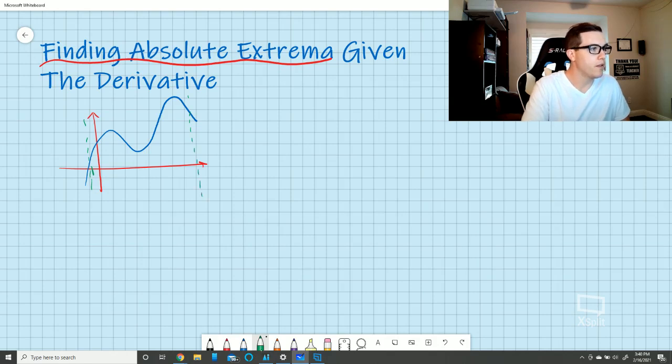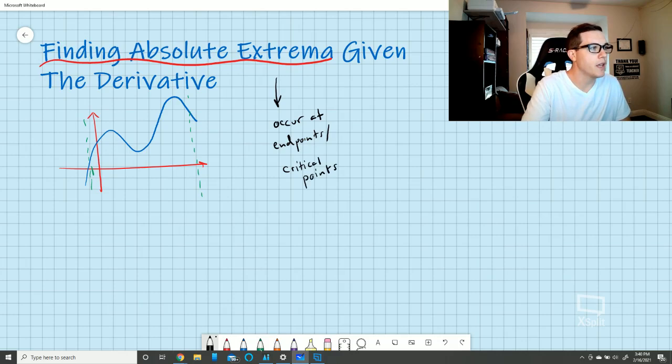If I give you an interval enclosed between the green, the absolute max means the highest point the graph hits and the absolute min is the lowest point. There are two places this can occur. Absolute extrema occur at endpoints, or they can occur at critical points.